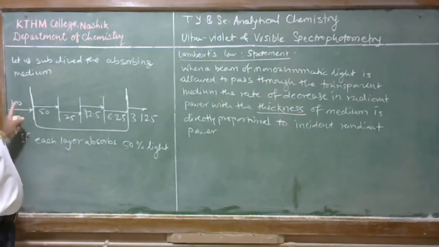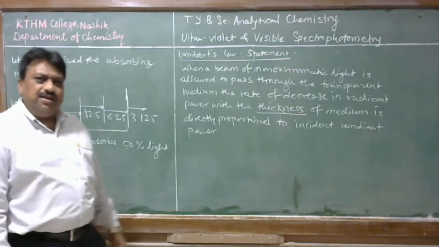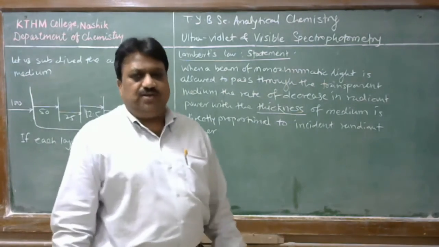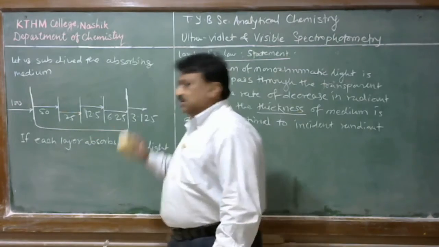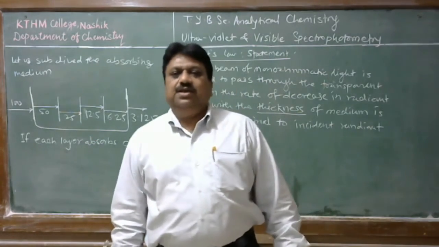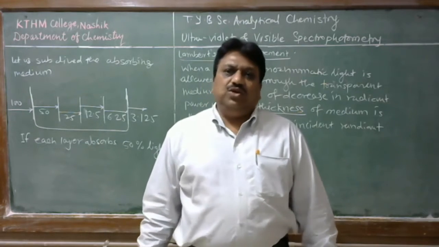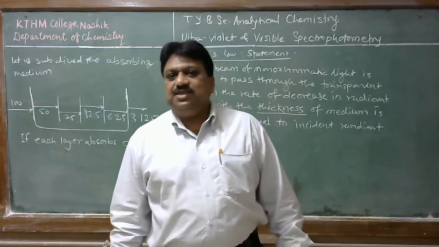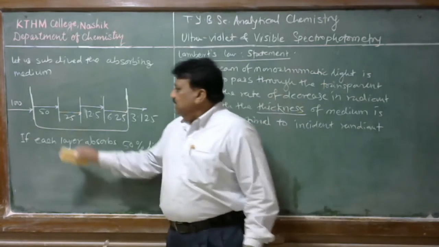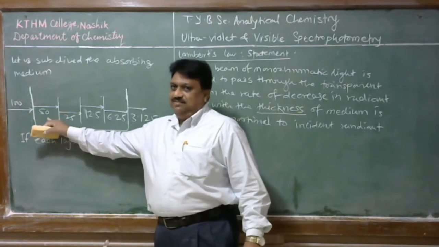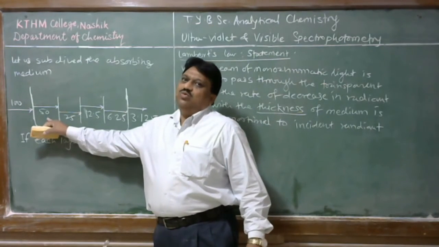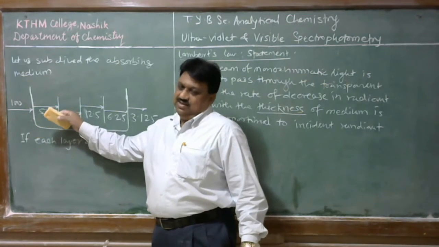That means when we pass light of intensity 100 through 4 successive layers, the outcoming light will have an intensity of 3.125%. The radiant power is absorbed by the first layer and the remainder is transmitted to the second layer.